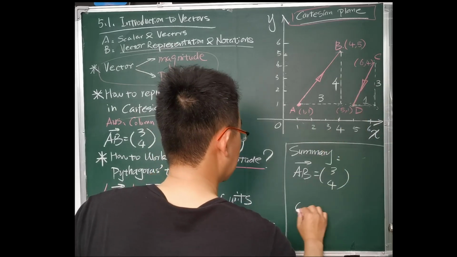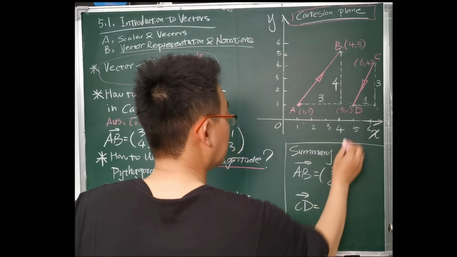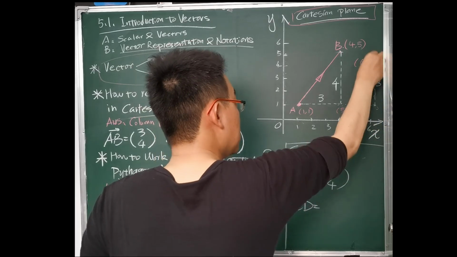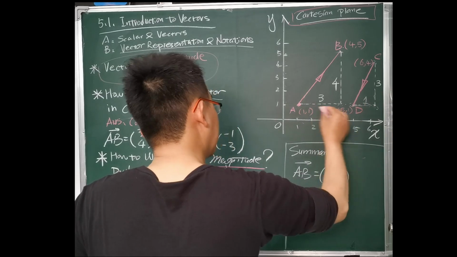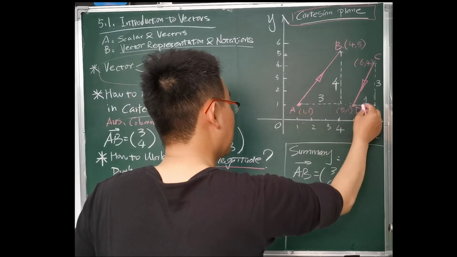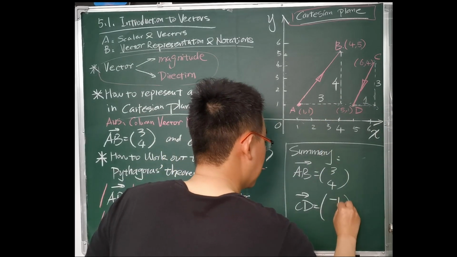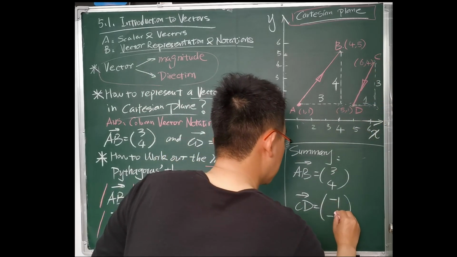And CD is going down, so go down 3 and go to the left 1. Go to the left 1 means -1, go down means -3.